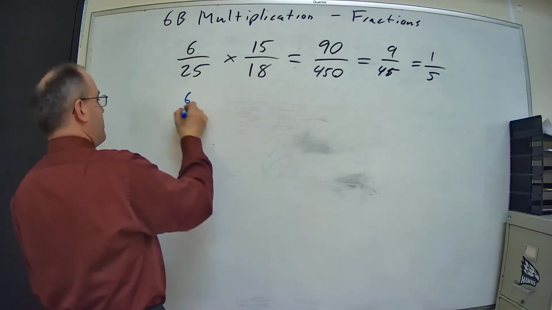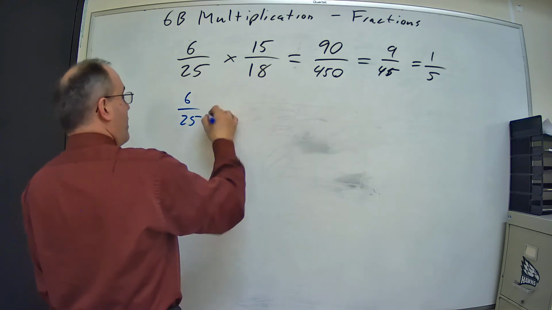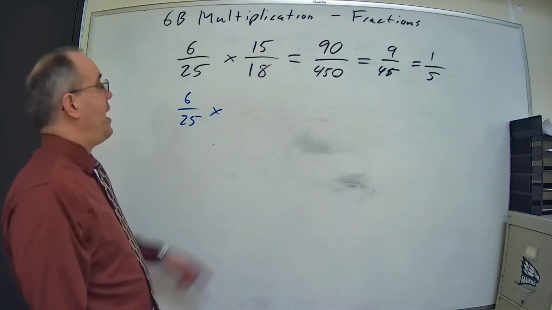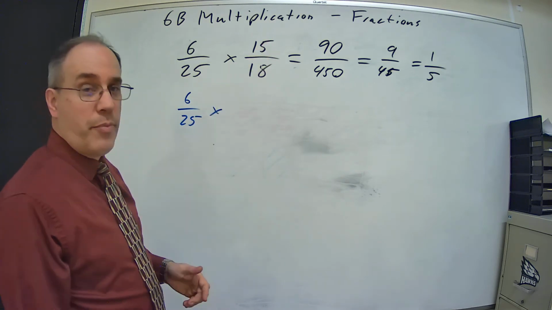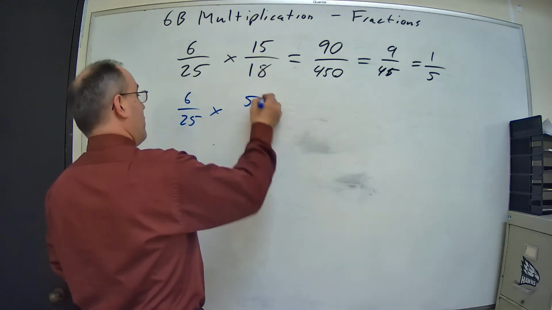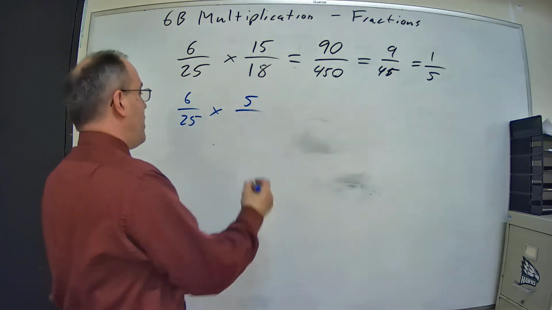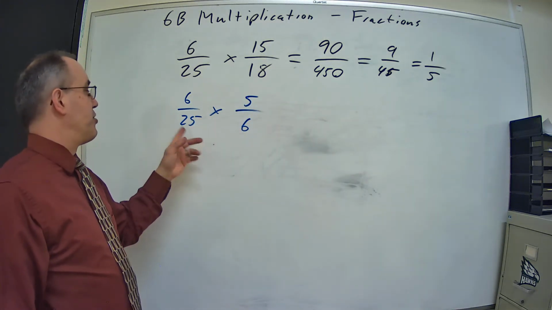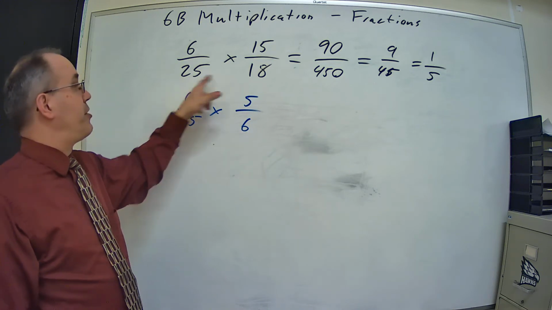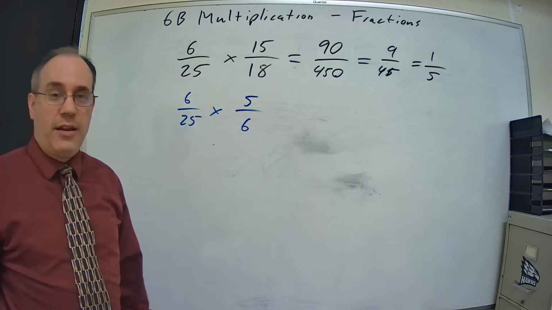So if I keep that as 6/25ths, and I simplify this, I can divide 15 by 3, I can divide 18 by 3. 15 divided by 3 is 5. 18 divided by 3 is 6. And I go, okay, well that's much easier. 25 times 6, I like that much better than 25 times 18.